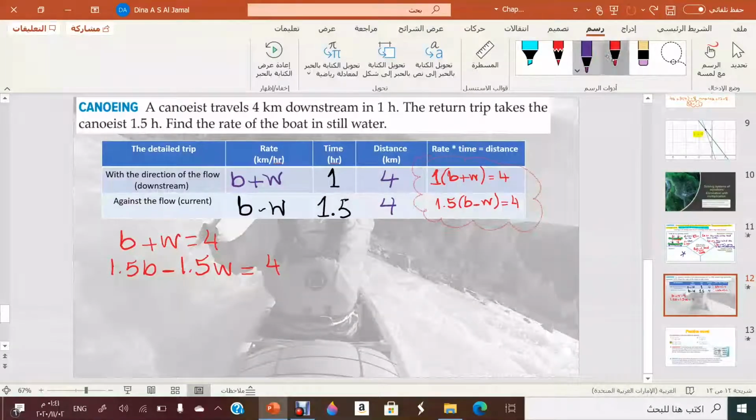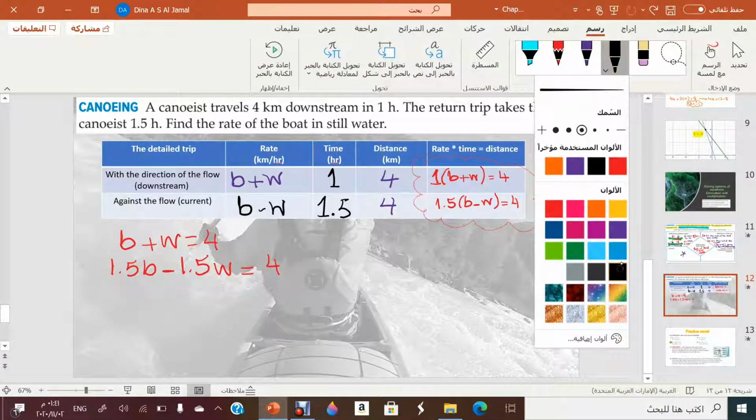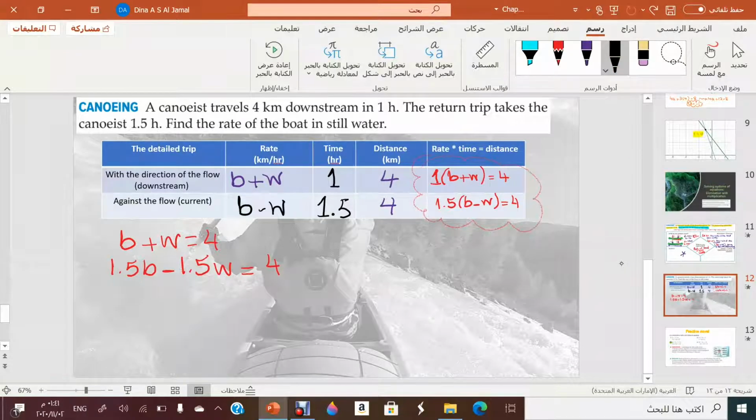Then let's see here and let's focus. I have a system of equations. How can I solve this system of equations? I can do this by elimination, but I do not have the variables with the same coefficient.